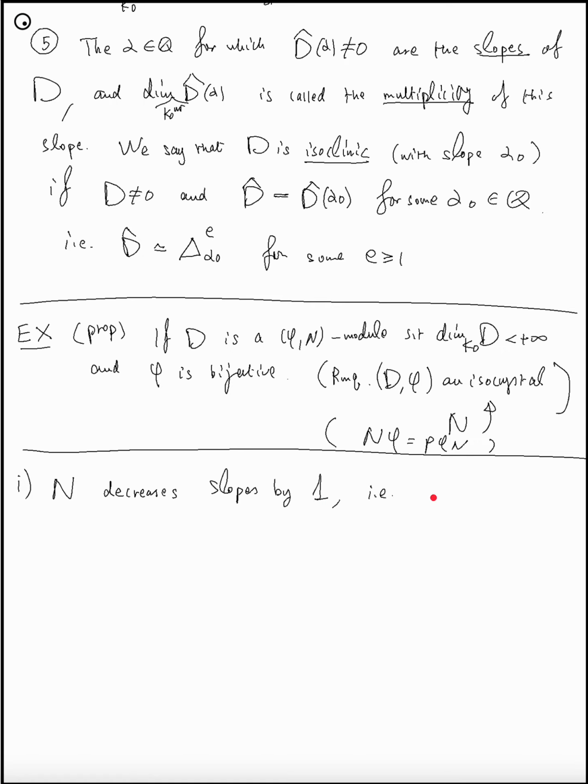In other words, N of D_alpha is contained in D_{alpha minus 1}. Secondly, prove that N is nilpotent.